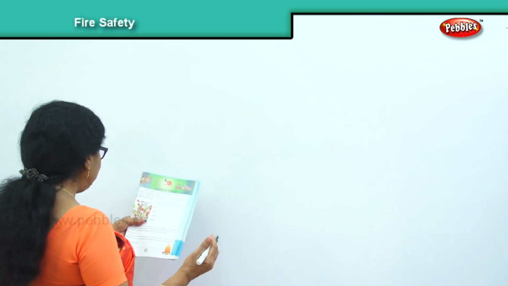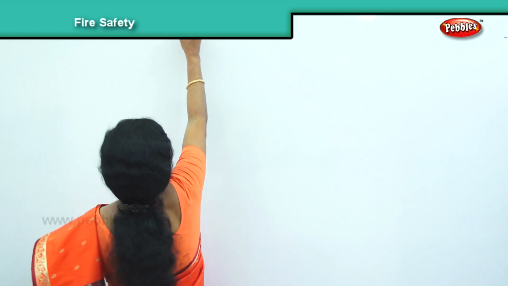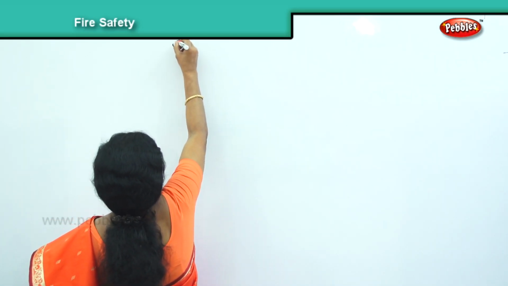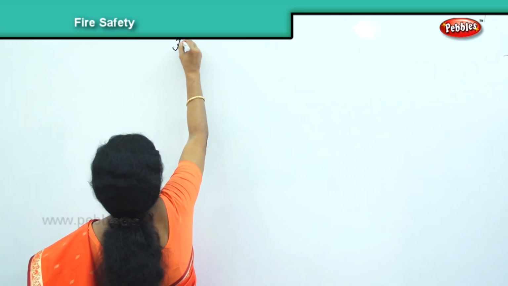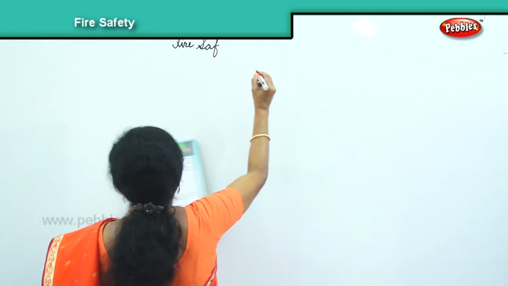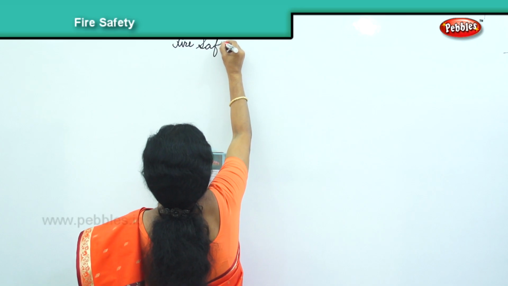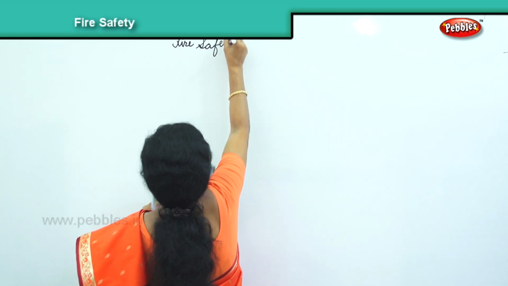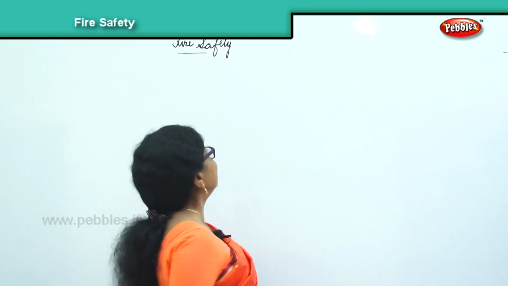We will learn to write a short conversation on fire safety: how to keep ourselves safe when there is fire, what to do, how to avoid all that. Okay, fire safety. What is the meaning of safety?